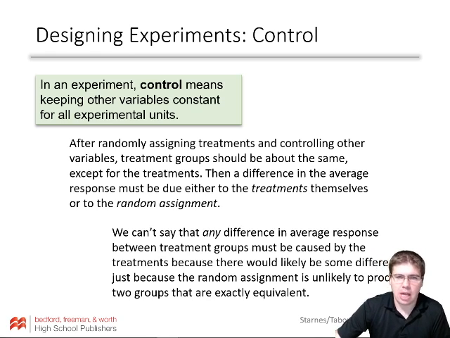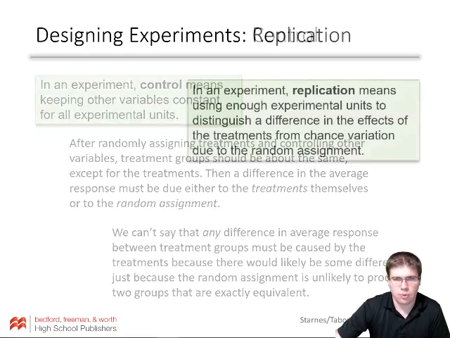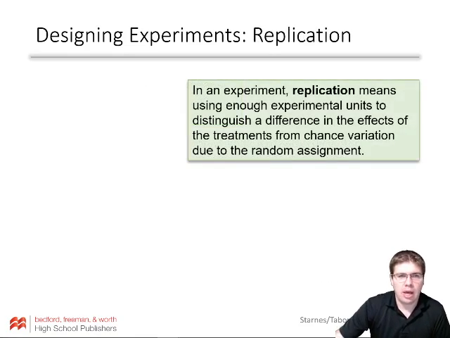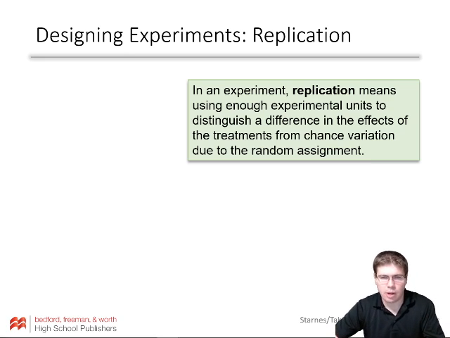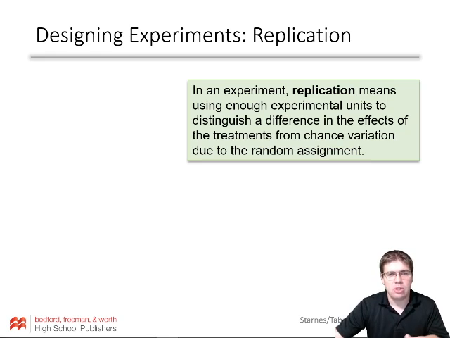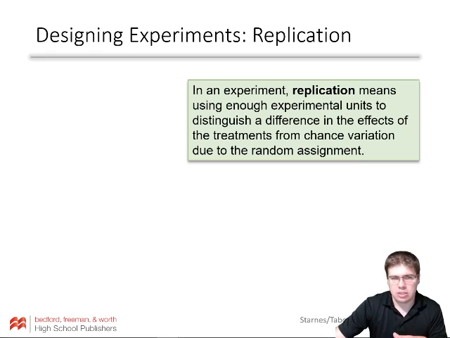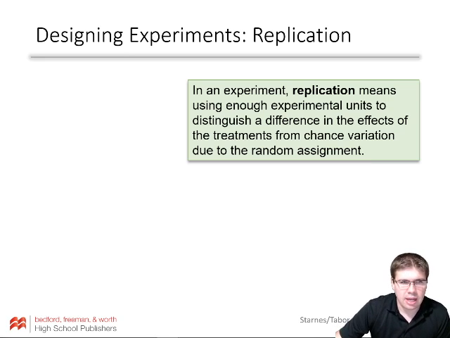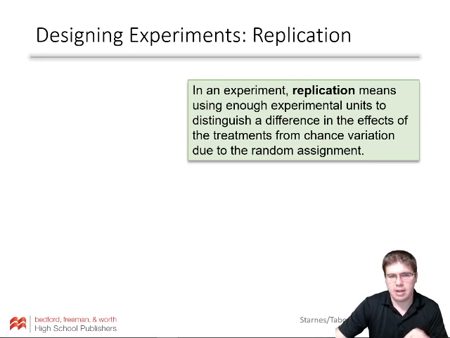And so one thing that's going to help us with this, which is going to reduce the effects of randomness, is to do replication. Statistical replication is about using a lot of experimental units, using a lot of individuals, using a lot of subjects in our study, so that the effects of chance variation are reduced, and we can better distinguish the effects of the treatments from the chance.